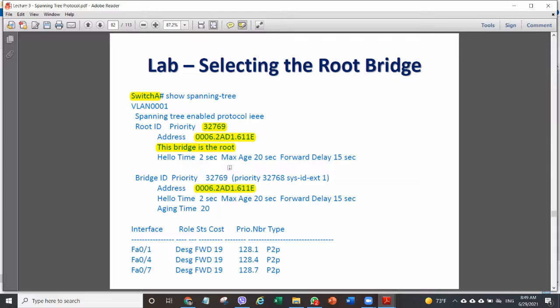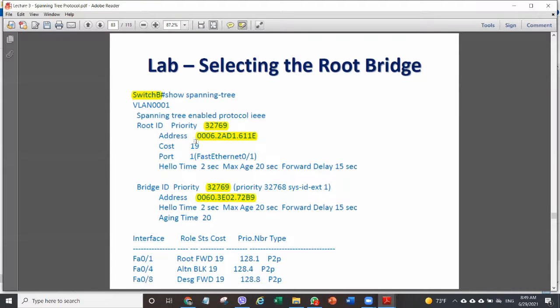This one and this one same, because within the root ID the MAC address and bridge ID MAC address is same switch. In this case, root ID one switch, bridge ID another switch. Right? Any question?